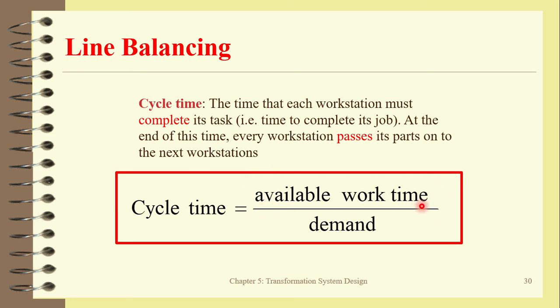So if you have an 8-hour shift for work, and you may have a 1-hour break for lunch, the available work time is supposed to be 8 minus 1, which is 7 hours. Alright, so this is the actual available work time. Please remember that. And this is the demand.